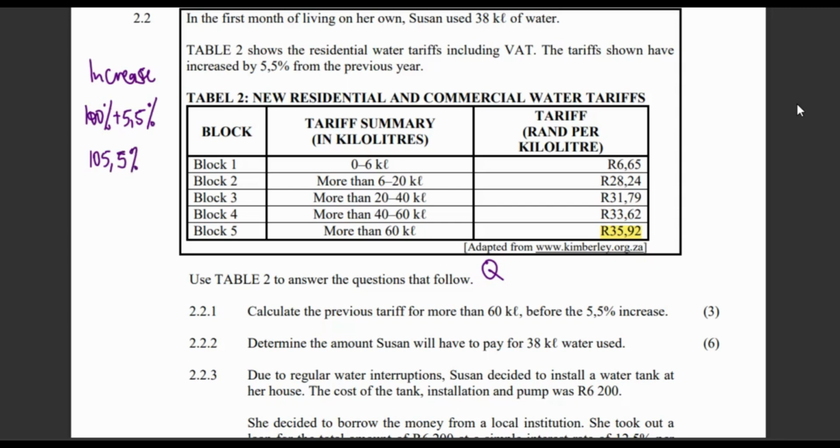This is also a percentage, so divide it by 100. You end up having 1.055.